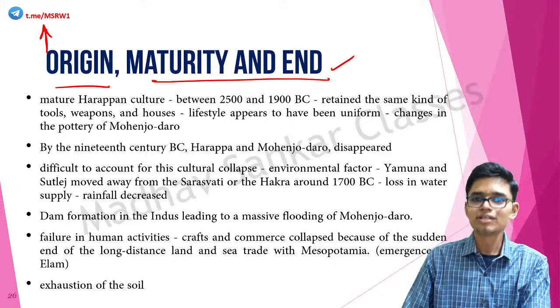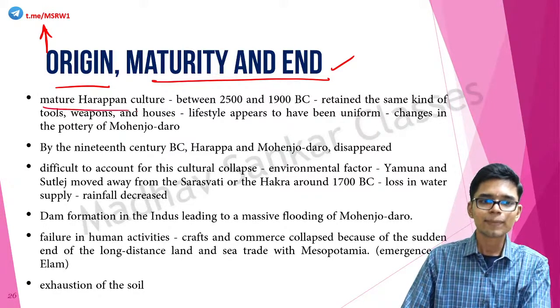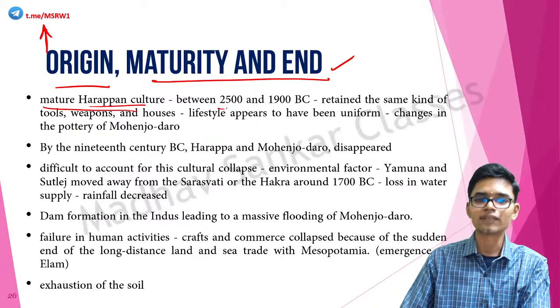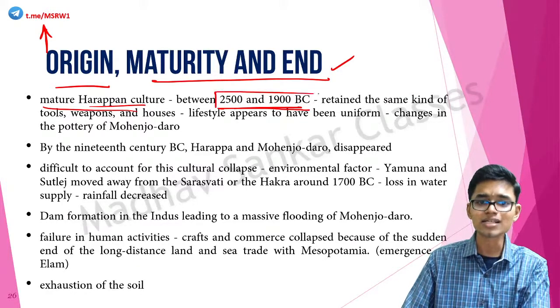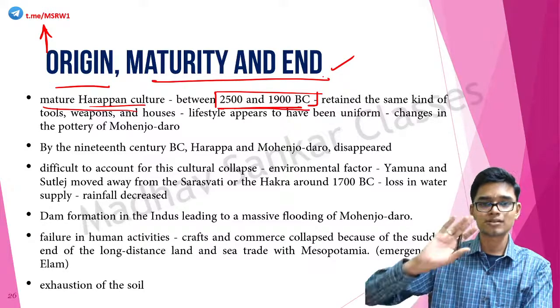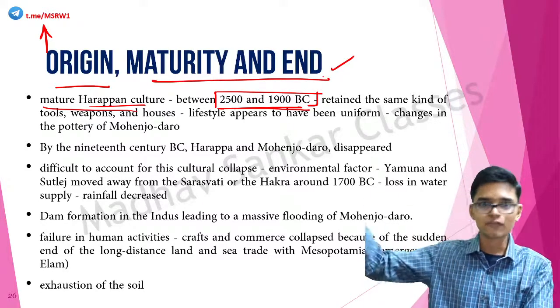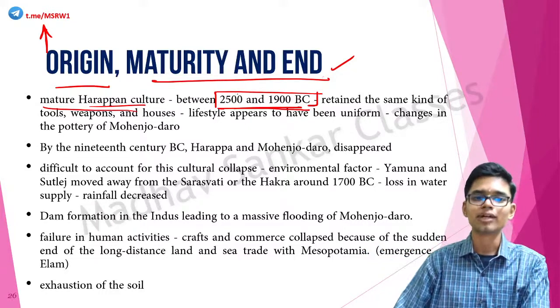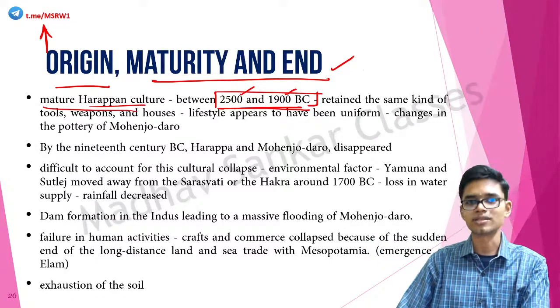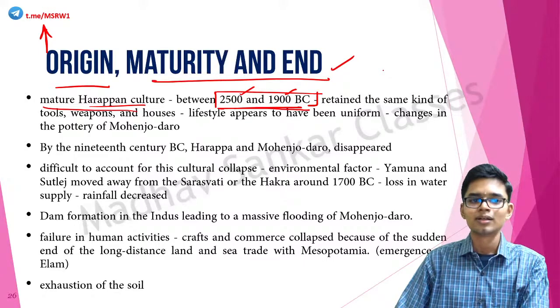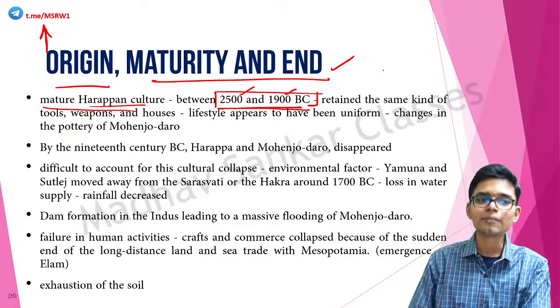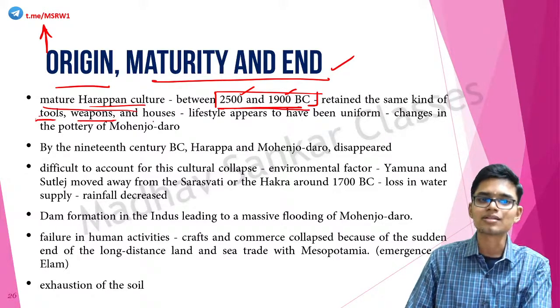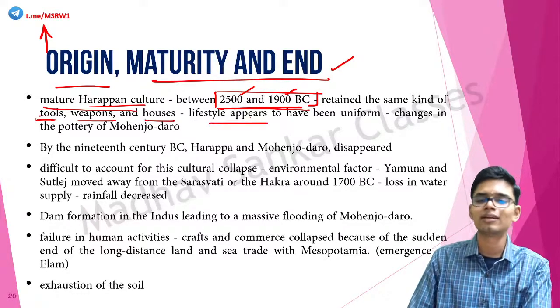Anyway, origin, maturity, and end. So major Harappan culture happened between 2500 and 1900 BC. This is the rough estimate. The major Harappan culture means this is the time when Harappan society flourished. The peak of Harappa happened between 2500 BC and 1900 BC, around 600 years. Clear? Throughout this time period, they retained the same kind of tools, same kind of weapons, same fashion of houses, same lifestyle.